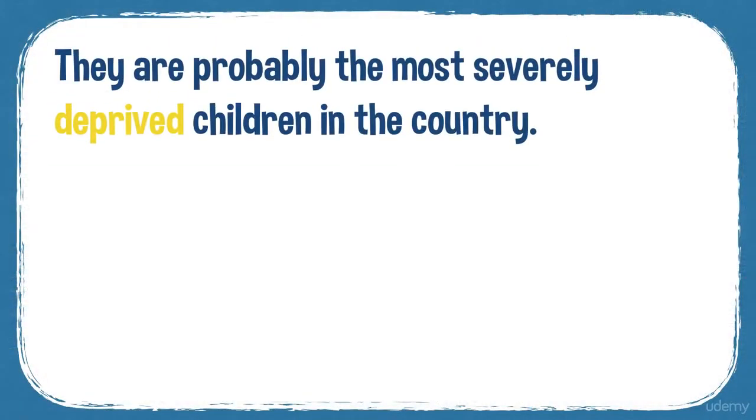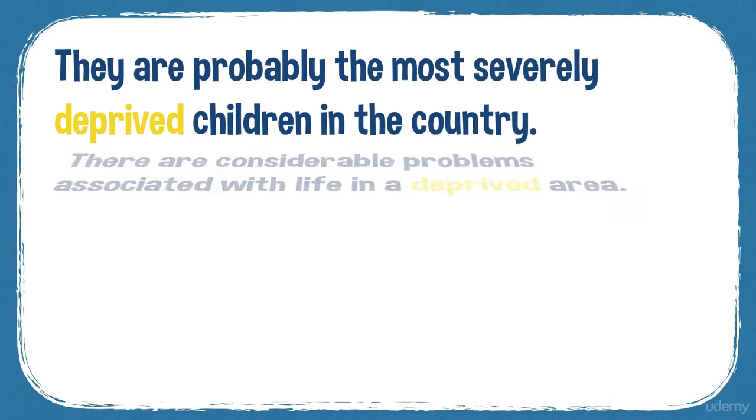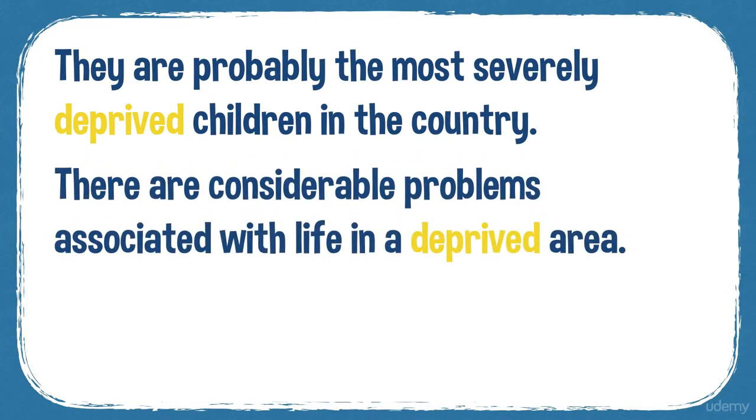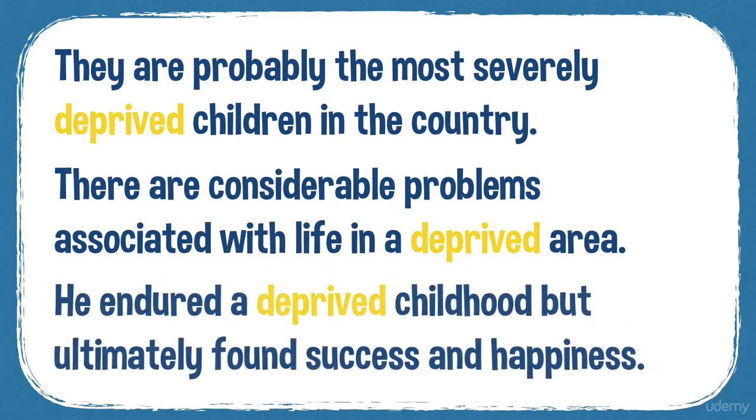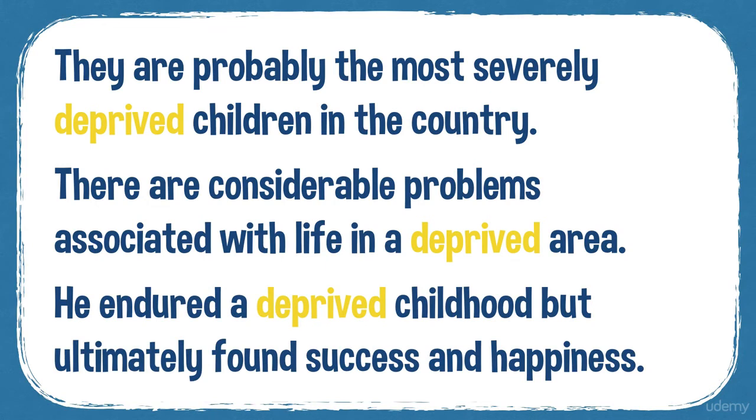So, for example, they are probably the most severely deprived children in the country. There are considerable problems associated with life in a deprived area. He endured a deprived childhood, but ultimately found success and happiness.